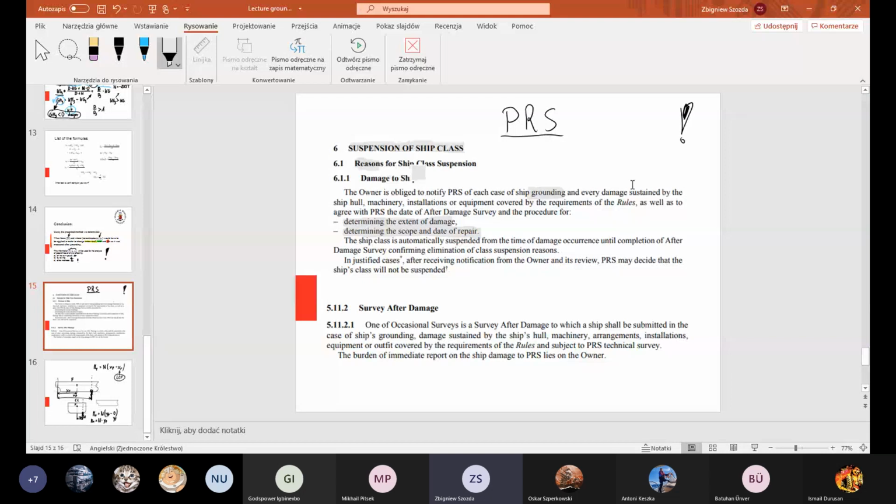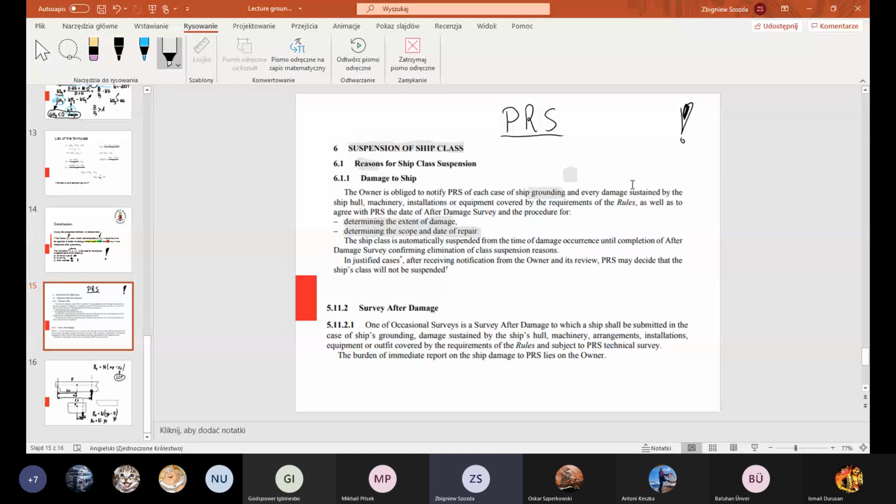Reasons for ship class suspension. The ship loses validity of class certificate after grounding and other events, but the topic of our lecture today is grounding.